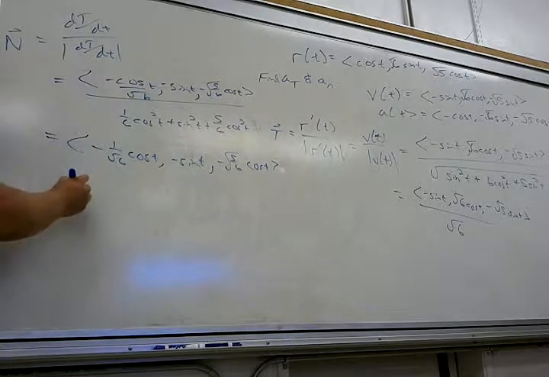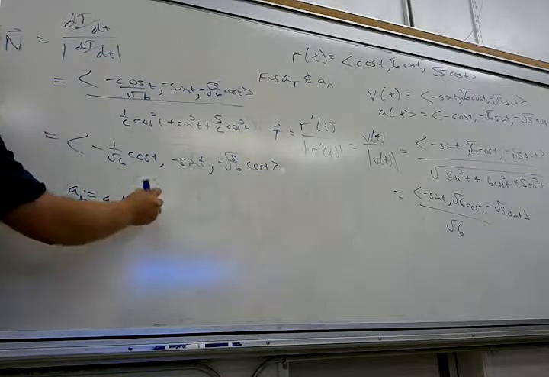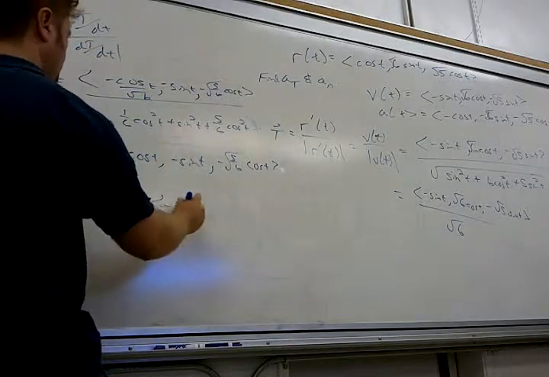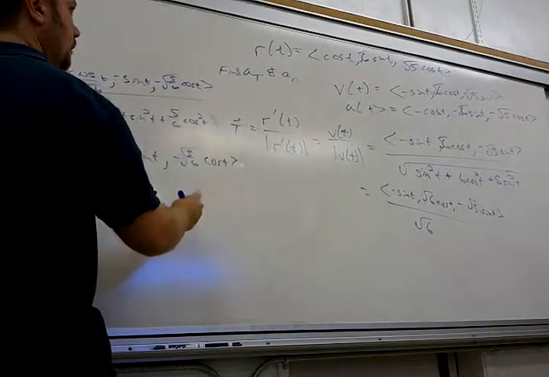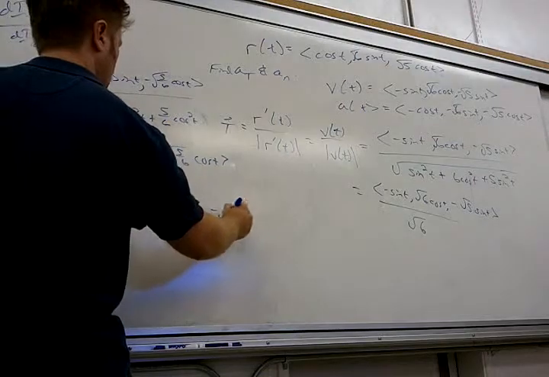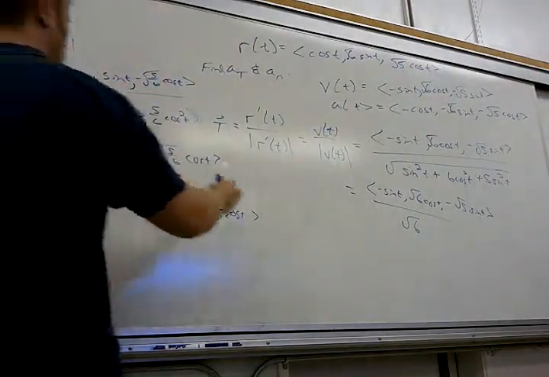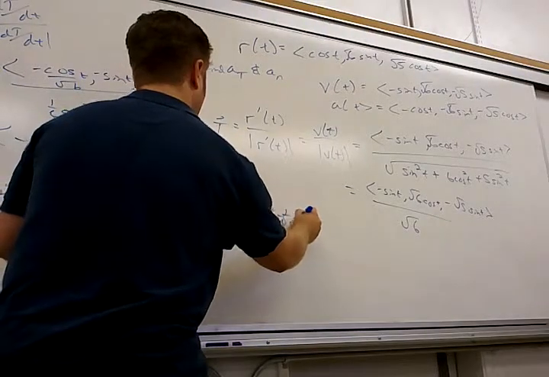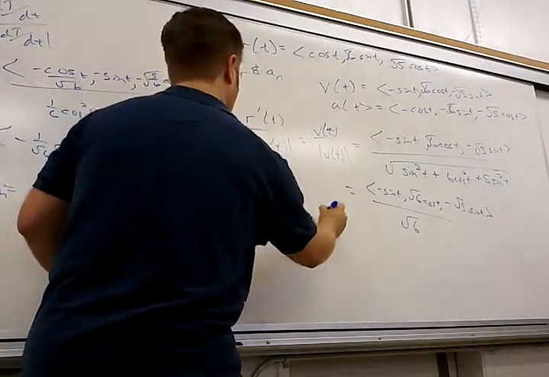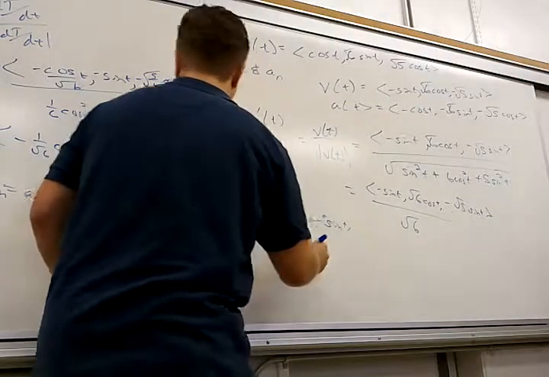But now I've got a way to do the an quicker. So it'd be a dotted with n, which is right here. Oops, it's just a negative sign.